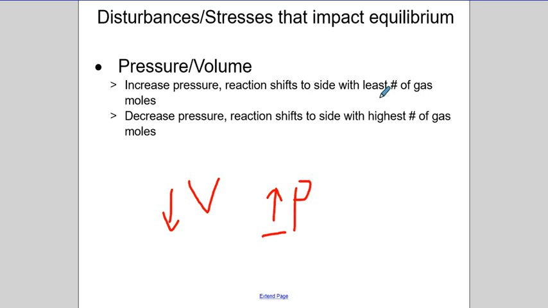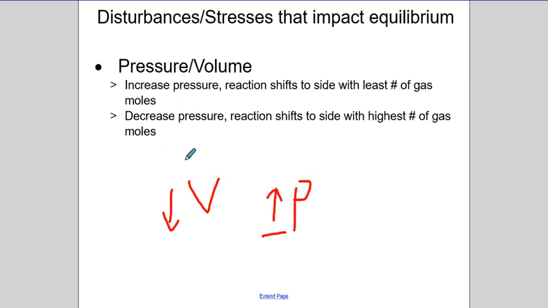I'll show you more of what that looks like on a later slide. So this one isn't always going to shift left or right. It depends on the reaction itself. You have to see which side of the reaction has the lower number of moles of gas, and that's the side you're shifting to if the pressure goes up.